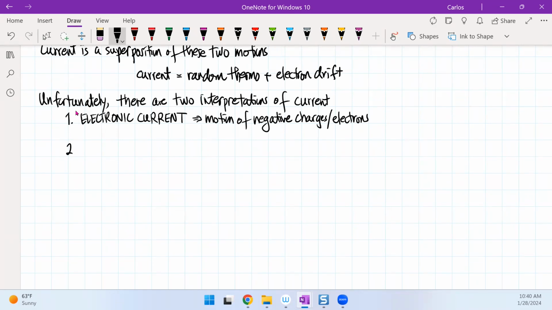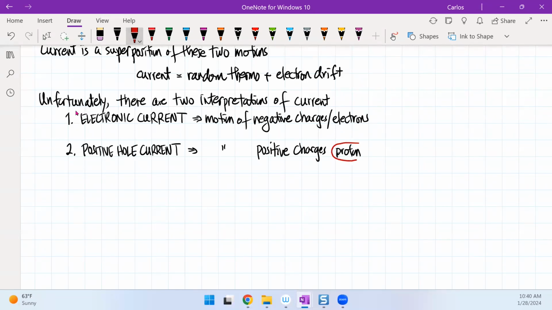But there's a more technical flow, and this is called positive hole current. And positive current, hole current, this guy is about positive charges. And so if you were to think protons for a brief moment, protons are stuck in the nucleus and can't move.